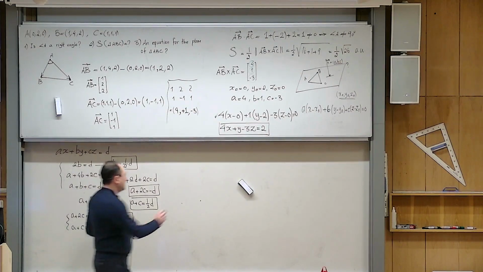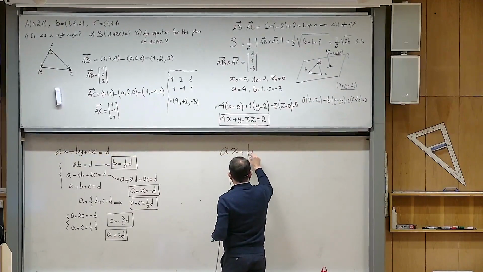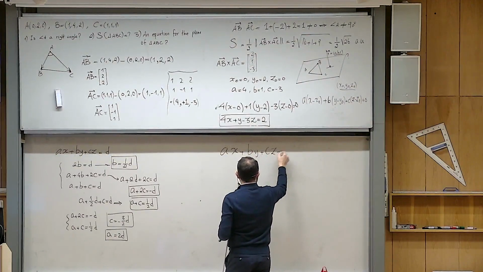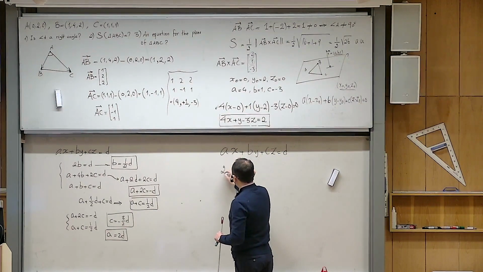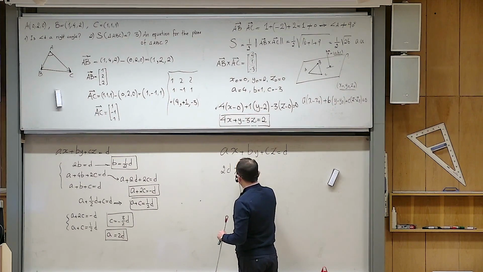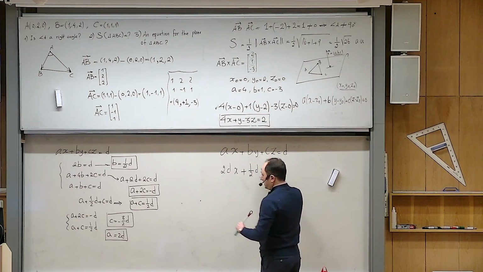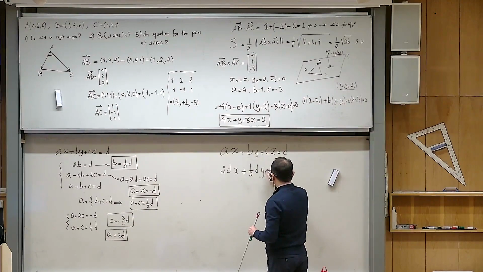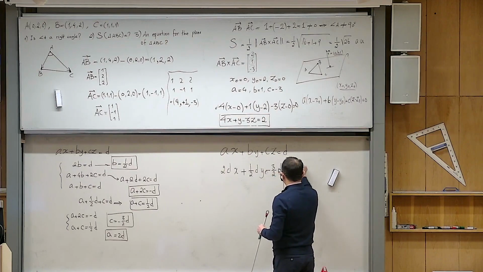Okay, so what can I do now? I can say that my equation is supposed to be this. And then instead of a, I put 2d, so this becomes 2dx. Instead of b, I put 1 over 2d y, and then instead of c, I put minus 3 over 2d, and then z is equal to d.